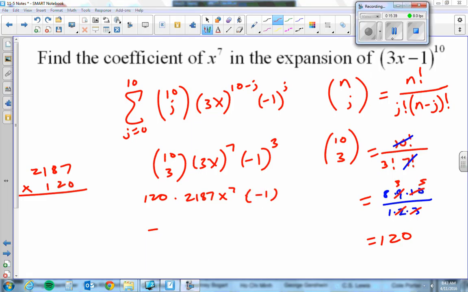Three to the power 7. That's what I got. I feel like I messed up somewhere here, but you're right.